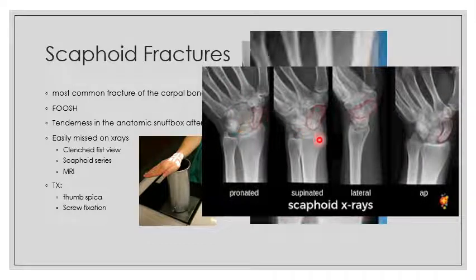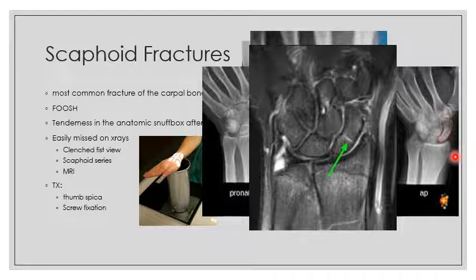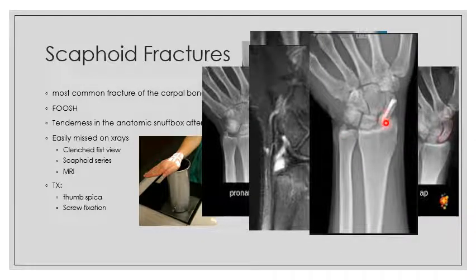You have your pronated, your supinated, your lateral and your AP. MRI is also used to detect occult fractures, particularly in those complaining of chronic pain in the snuff box. Treatment is by thumb spica or screw fixation.